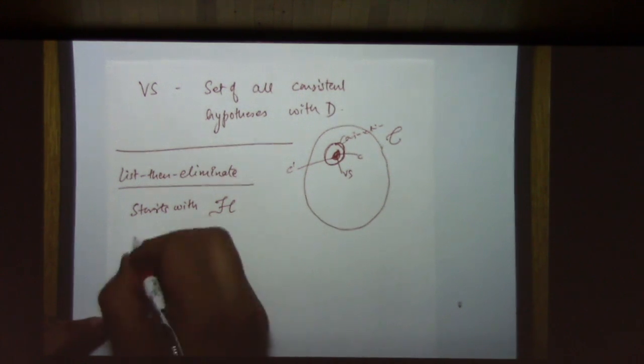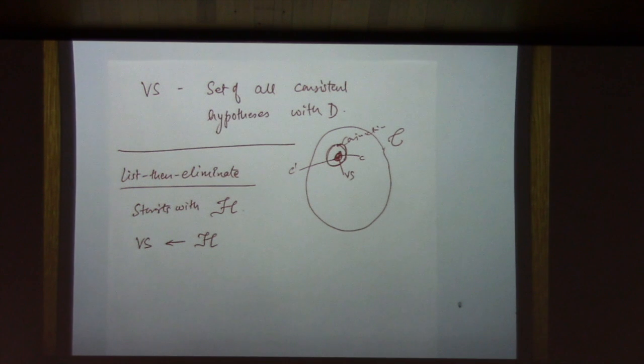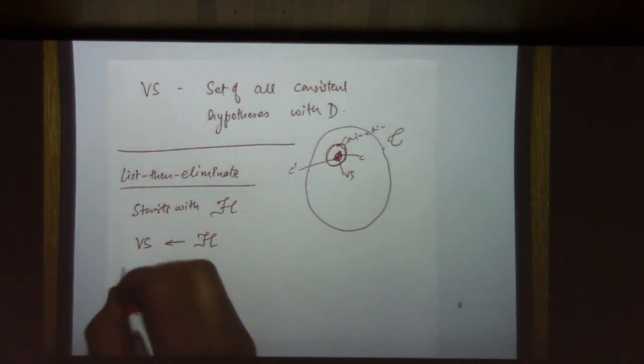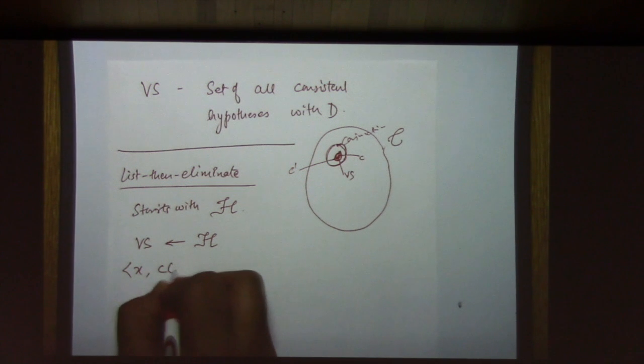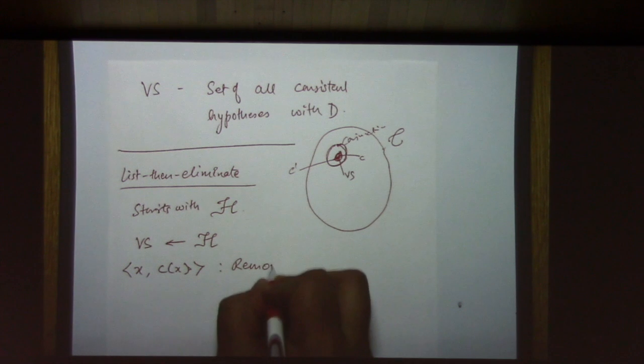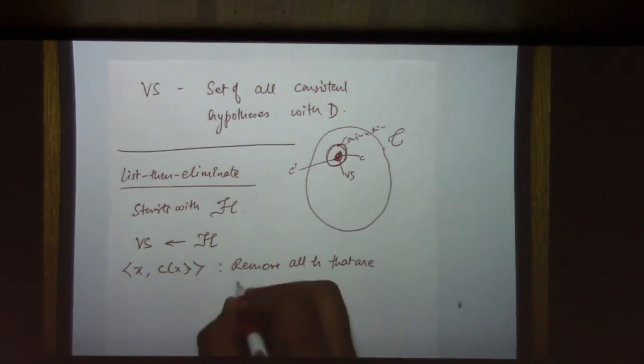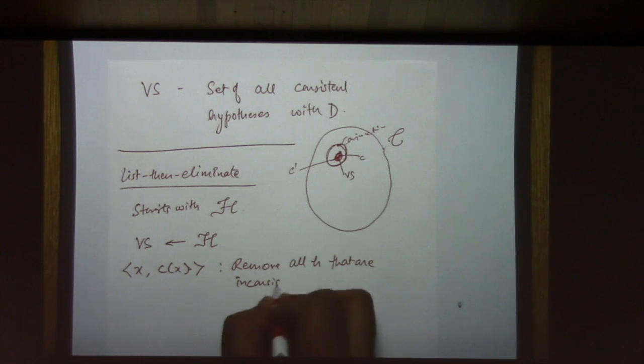So it says that VS is H, which means it has all the hypotheses, since you have not seen any training data at all, which means that all hypotheses are consistent with the empty set, right? But now you get the first training example, and after you get it, you remove all H that are inconsistent with your training data.